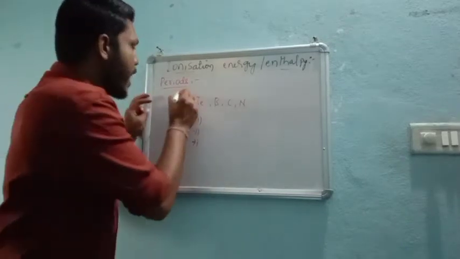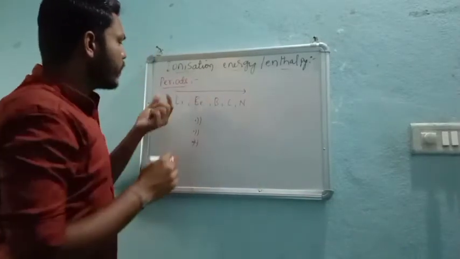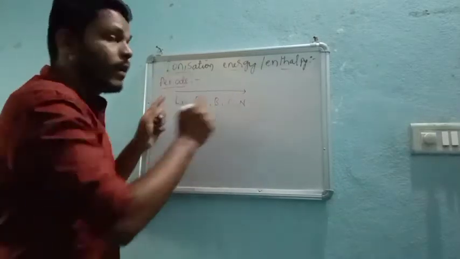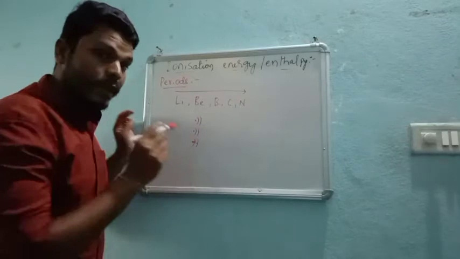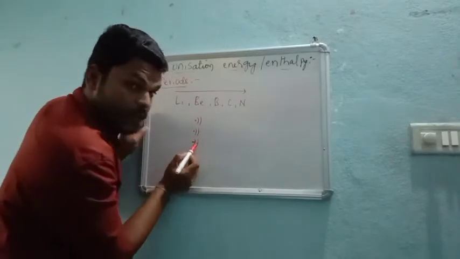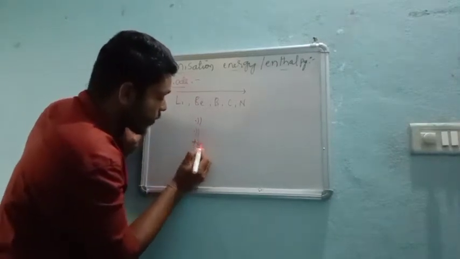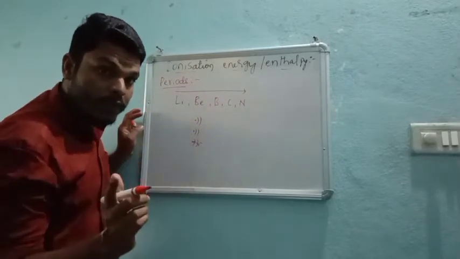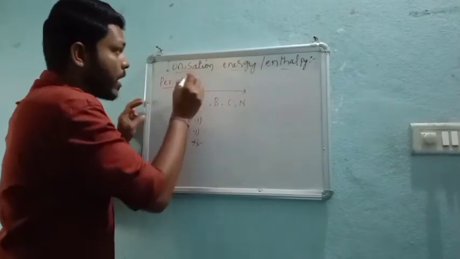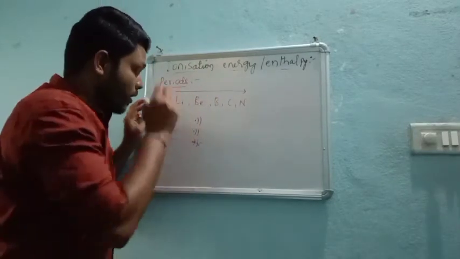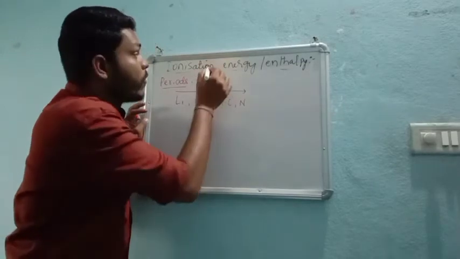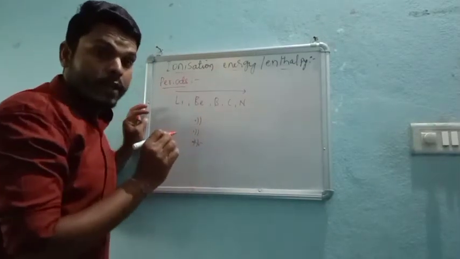So as we move from left to right in the period, the valence shell electrons are coming nearer to the nucleus. And what we saw is that if the electron is very near to the nucleus, then we require a large amount of ionization energy.